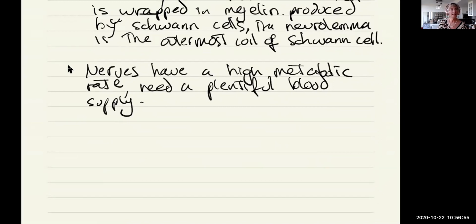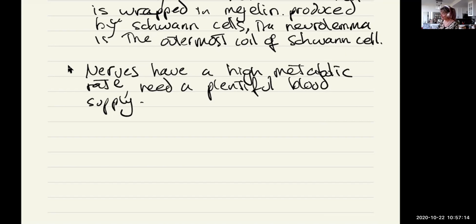The question is, is the myelin produced by Schwann cells or composed of Schwann cells? Both. So the Schwann cell extends its plasma membrane to wrap around the axon, but it remains attached.